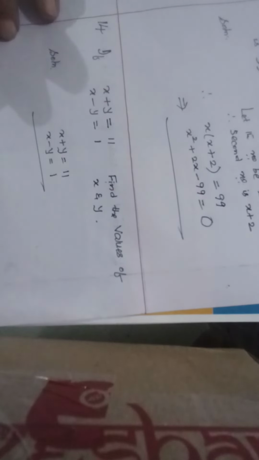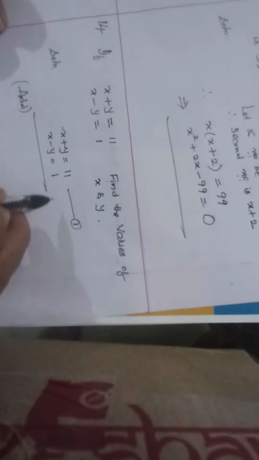Now you can use the method of equalizing the coefficients. It is the only method adopted for you; the other two methods have been removed. Here the coefficients are 1, 1, and plus 1, minus 1. The easy method of cancelling is plus and minus.